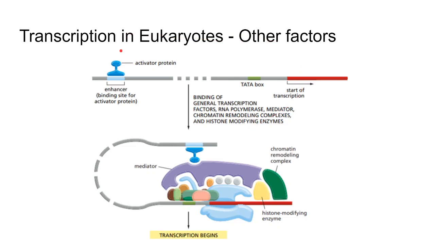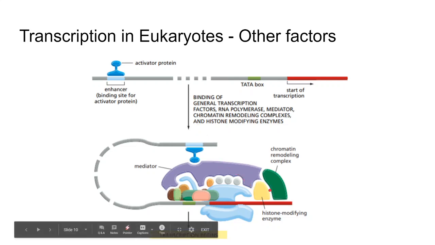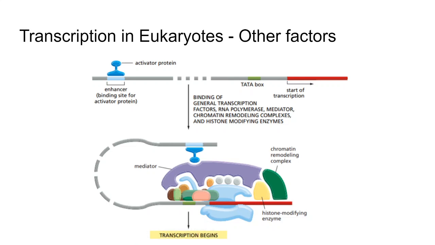So there are a few more factors involved, and this is a very basic function of them. And then you have histone modifying enzymes. We know how the eukaryotic chromosome has nucleosomes and stuff like that. What histone modifying enzymes can do is dissociate the subunits of the histone complex, the octamer histone.